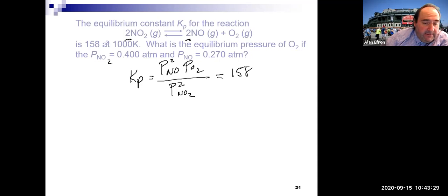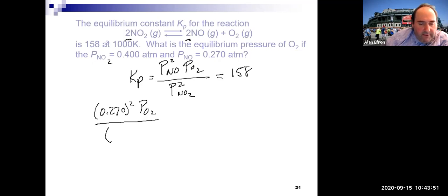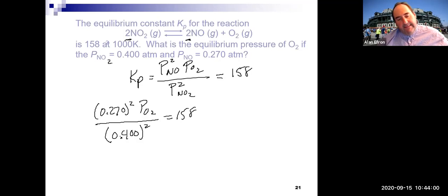In this particular case, we are given the NO and the NO2 pressures. So if we put those numbers in, NO was 0.27. That's going to be 0.27 squared times the partial pressure of O2 divided by the partial pressure of NO2, which is 0.4 also squared, will equal 158. We're going to bring the bottom to the other side.